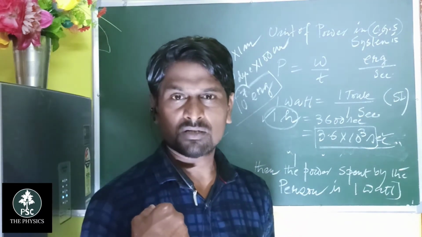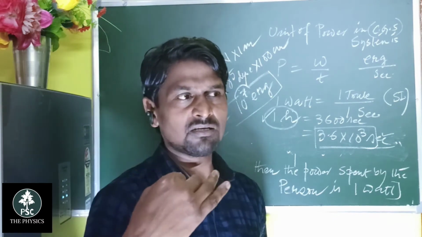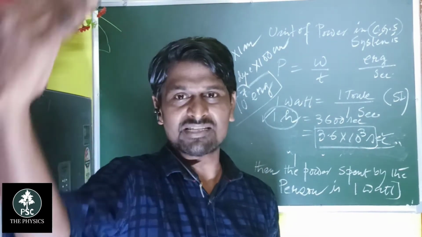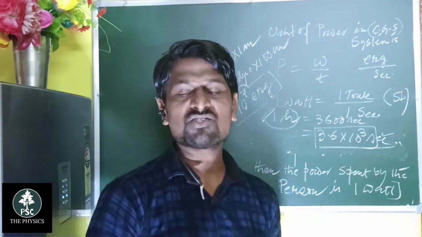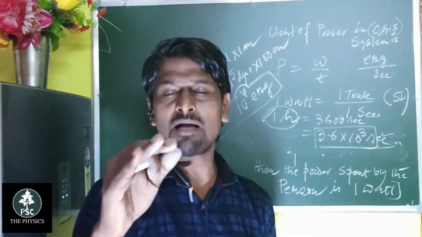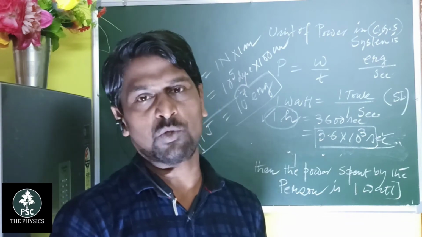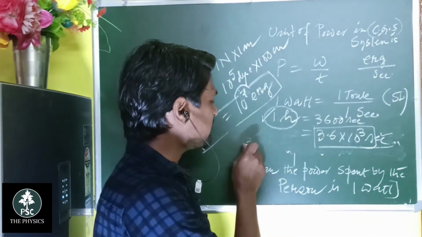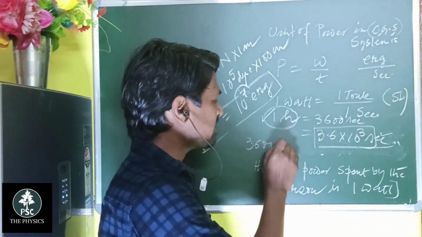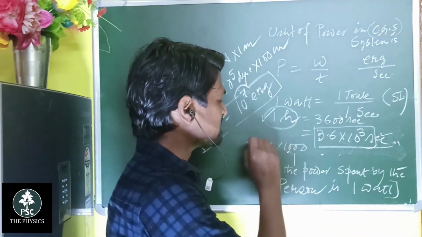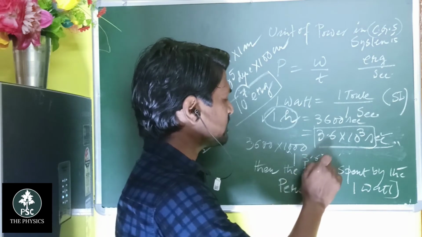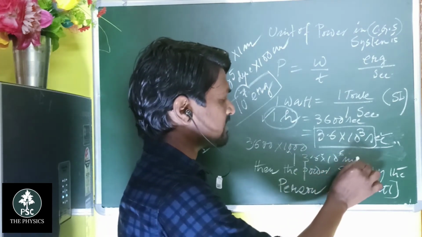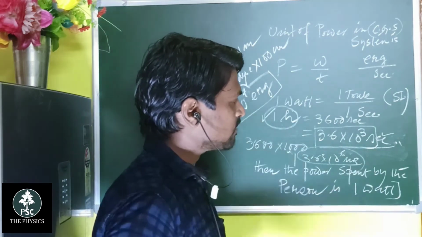So when the quantity is much greater or very much less, then you have to apply a specific unit. Again, if you say this is 3600 second into 1000, and you can say this is 3.6 into 10 to the power of 6 millisecond, then it is more difficult.